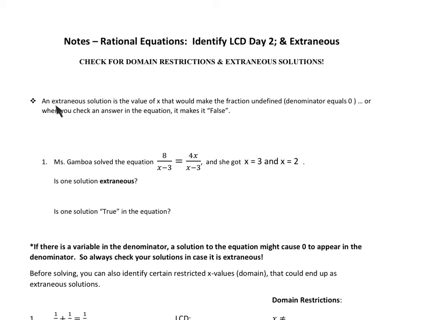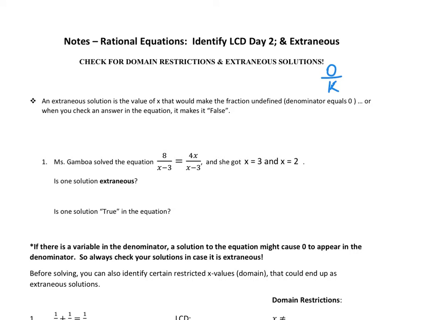We've seen the word extraneous solutions before, and in this case there's going to be two kinds of things that we're looking for. First, an extraneous solution does have something to do with an undefined fraction. Fractions are undefined when the denominator is 0. We've talked about that before, so remember that it's okay if 0 is on top.